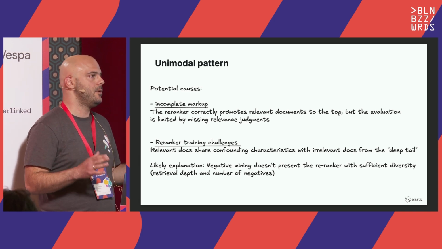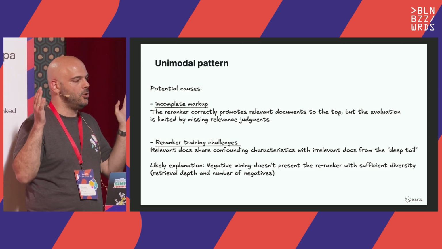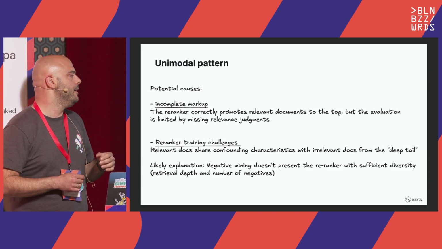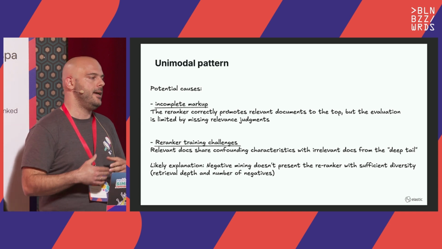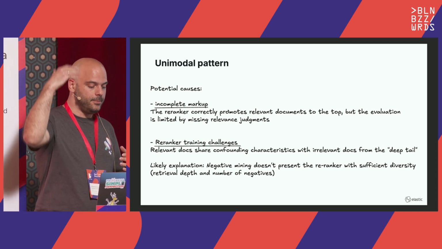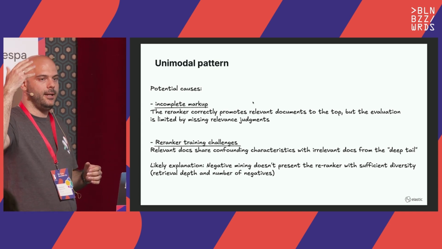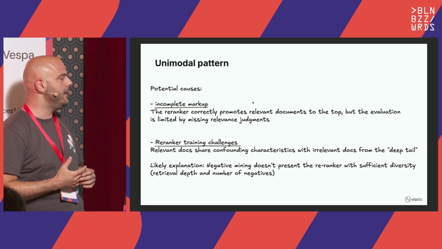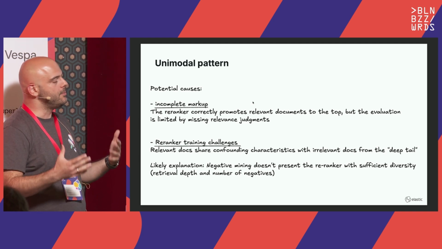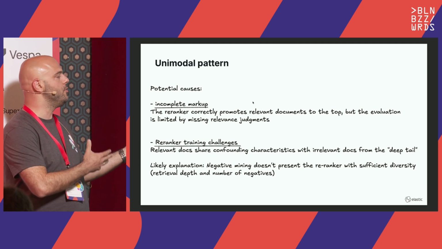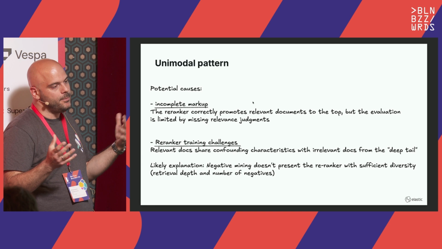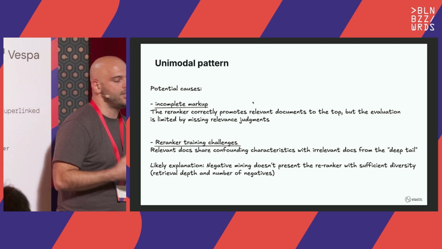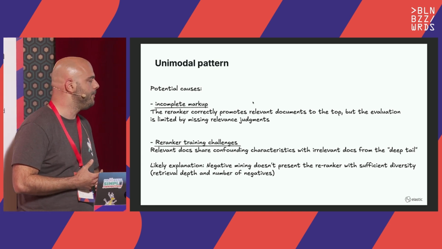So in a sense, when the reranker sees just the top 10, 20, 50 at training time, and then we provide documents that are placed in the deeper tail, they behave like out-of-distribution data. And this is what likely confuses the reranker, and the scores that it produces are not reliable.